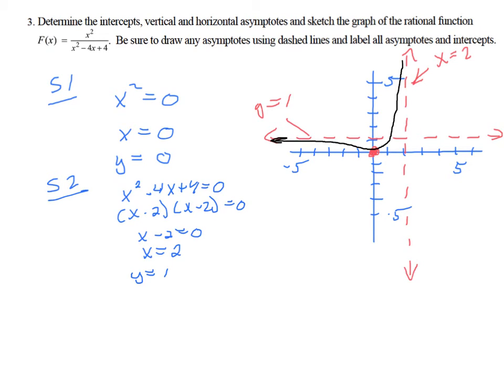And of course, on the other side, it is asymptotic to y equals 1, and then becomes asymptotic to x equals 2. So kind of a weird graph, but that's what it looks like.